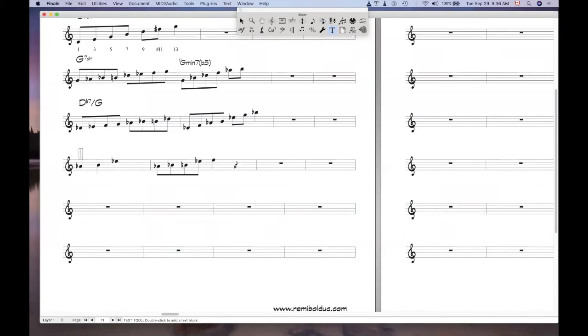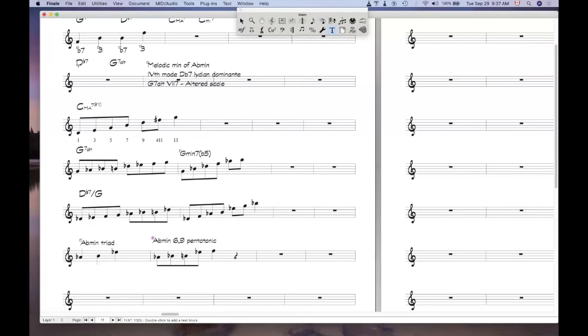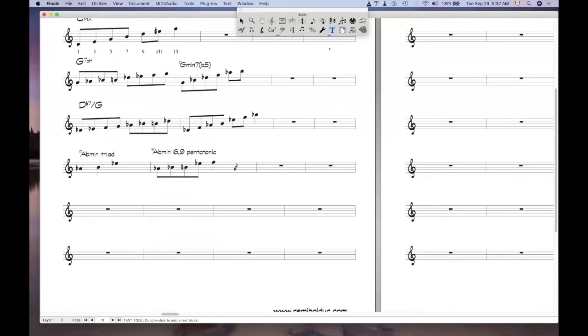So here I had the A flat minor arpeggio, a triad, and here I got the A flat minor 6-9 pentatonic. So this pentatonic would be used a lot over both the D flat and the G altered.